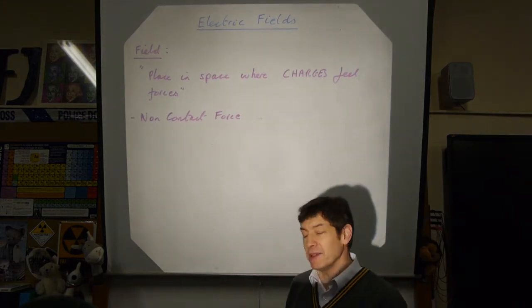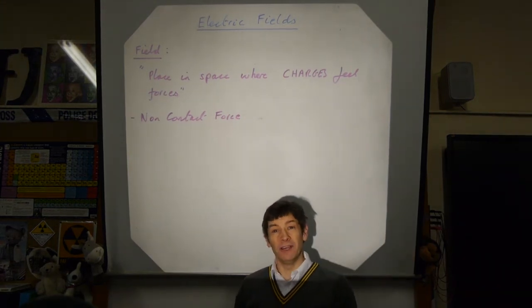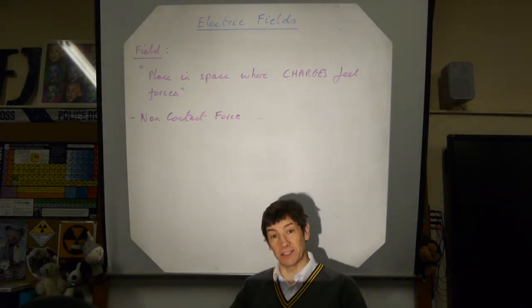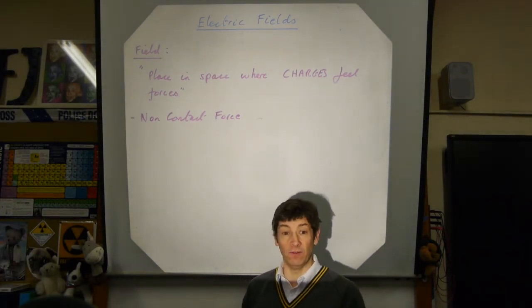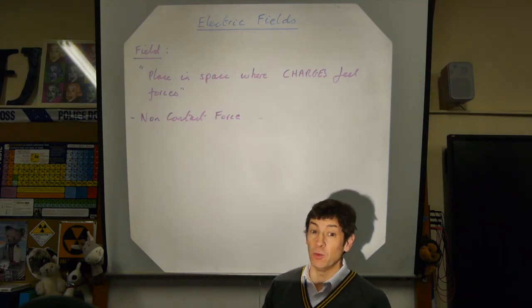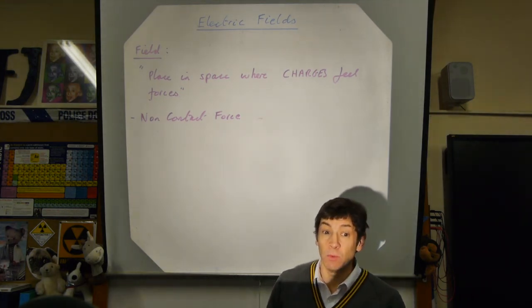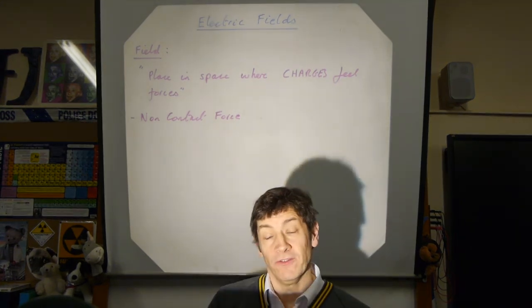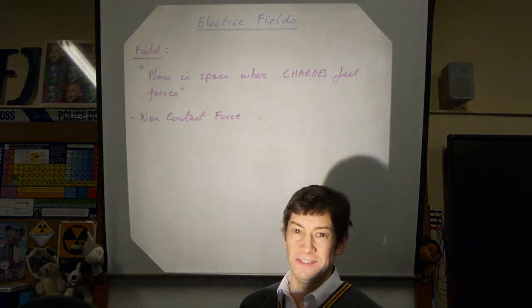So we need some kind of mathematical model to indicate what's happening between the two to explain why they feel forces, and it's the field that we use to do that. So what we're going to look at now is how we can create an electric field and how we can detect it's there.